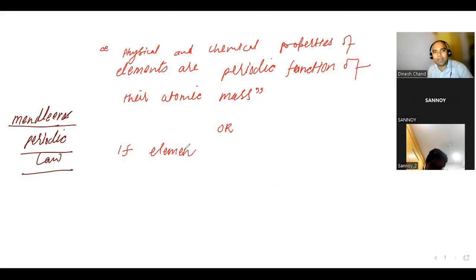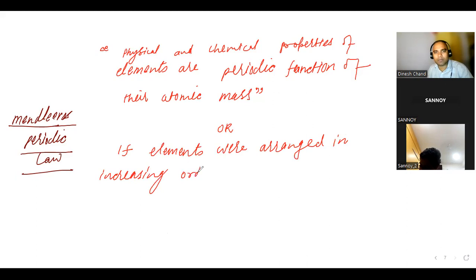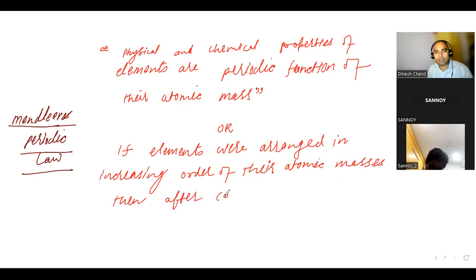If elements are arranged in increasing order of their atomic masses, then after a certain interval, properties get repeated.